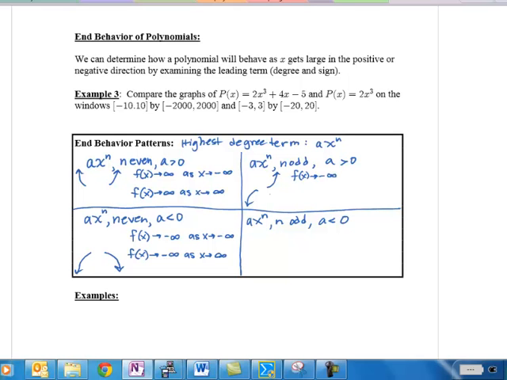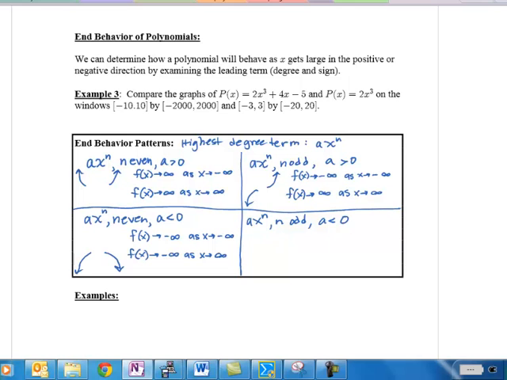It's unbounded in the negative direction as x goes left, which means x goes to negative infinity. And f of x is going up in the positive direction, so to positive infinity, as we move right, as x goes to the right, to infinity.